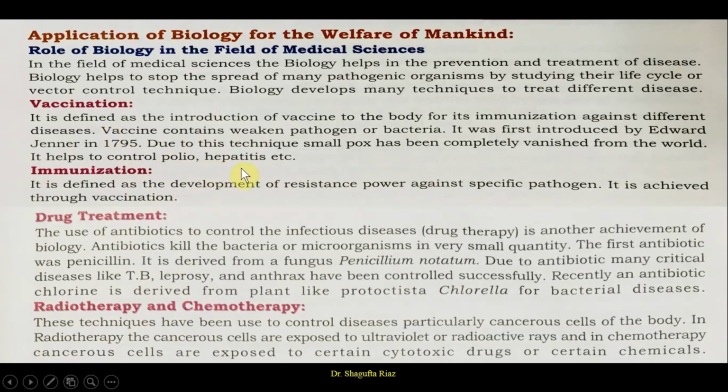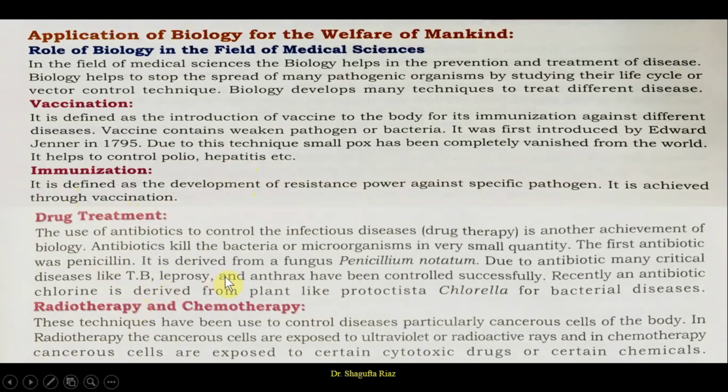Another example is hepatitis. Then immunization, which is defined as the development of resistance against a specific pathogen. We have an immune system in our body, but to enhance that immune system, we get vaccines to develop our power of resistance.